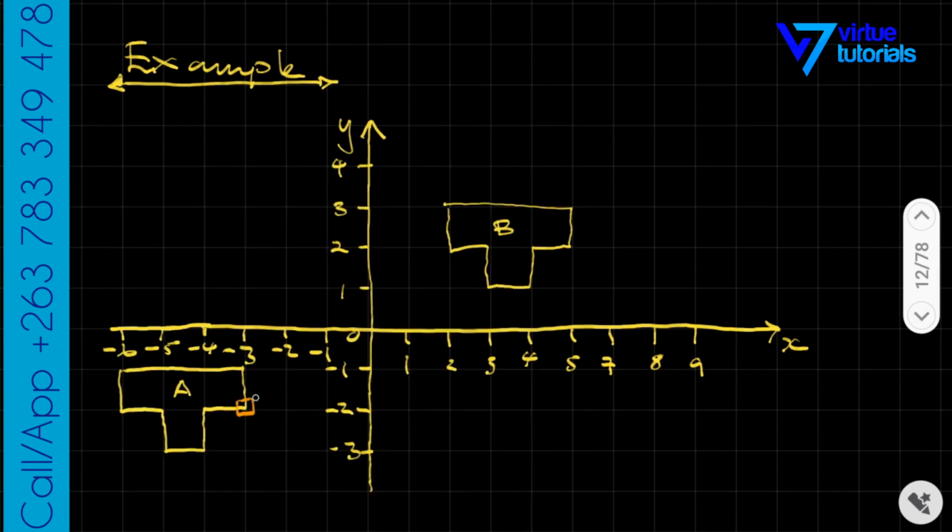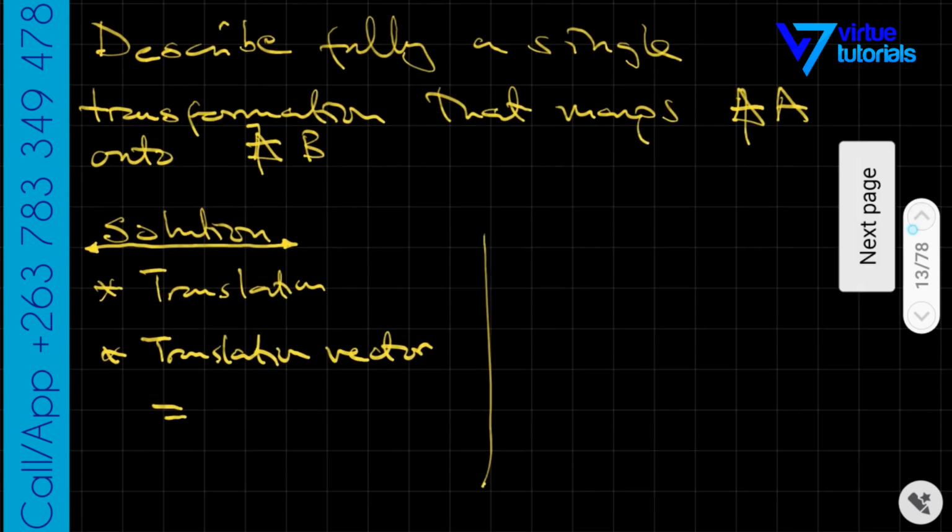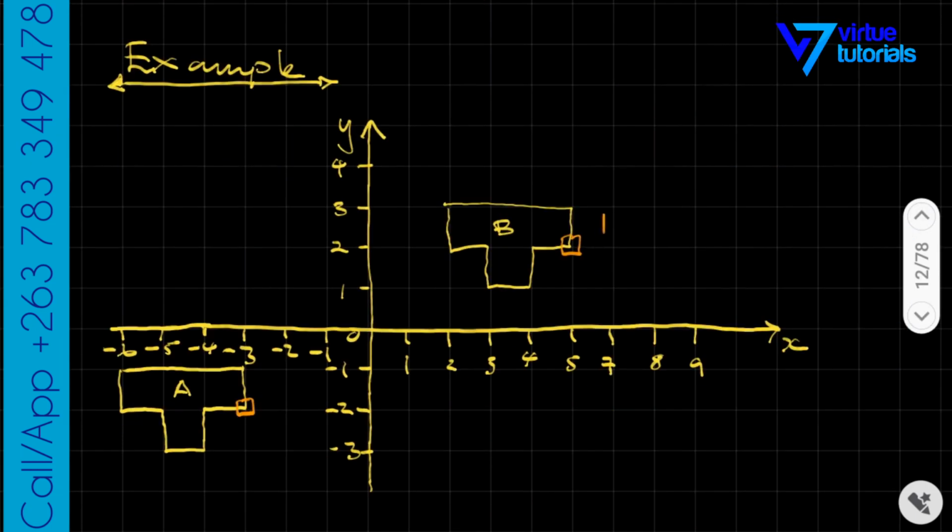This point is going to move to that point, right? So what happens? It's A onto B, right? So I take the image. The coordinates here are 5 and 2, right? So this is 5, 2 of this point here. And then on the original shape, it was minus 3, minus 2.